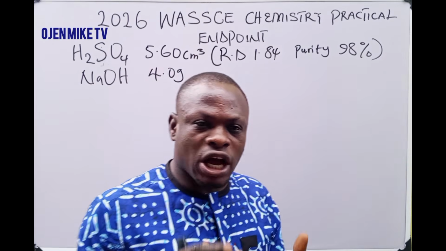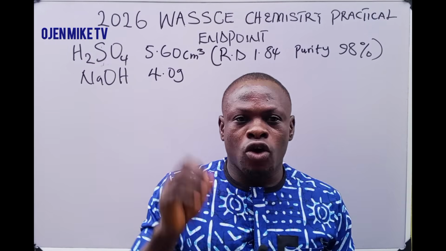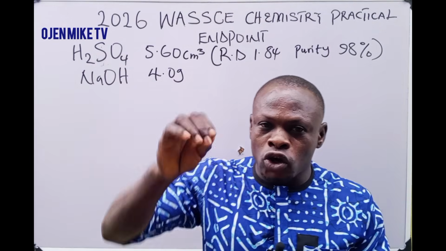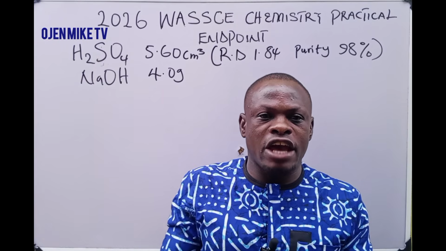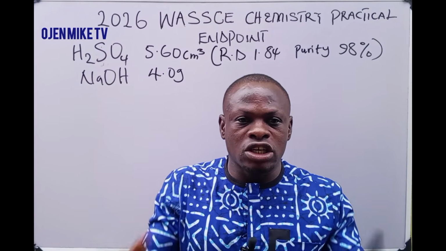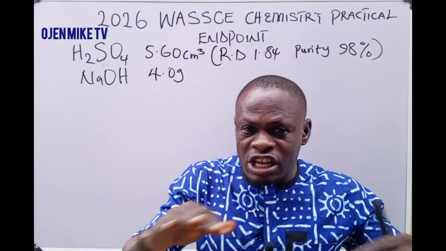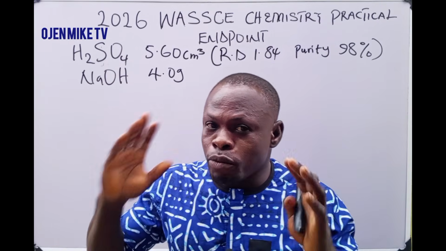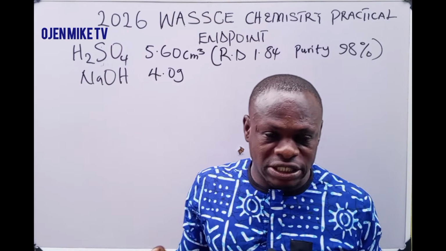Using your calculation method will give you the accurate value, what you should expect when you do your titration. So we are going to use this method to determine our endpoint. Then you can now go to the laboratory to do your titration, and your endpoint must be in the range of that value. It must not be exactly this one, because calculation is different from the practical method.